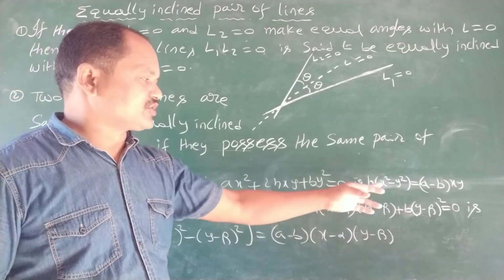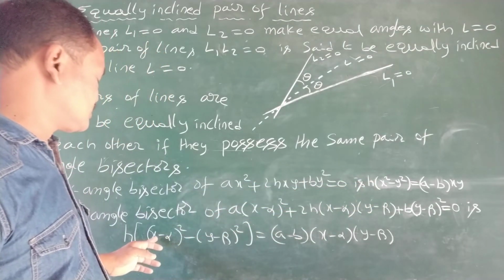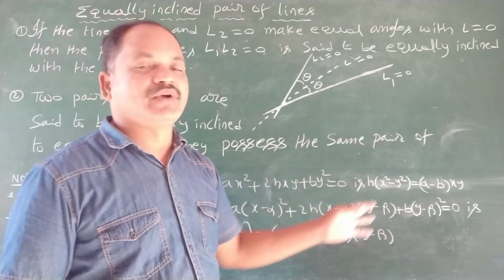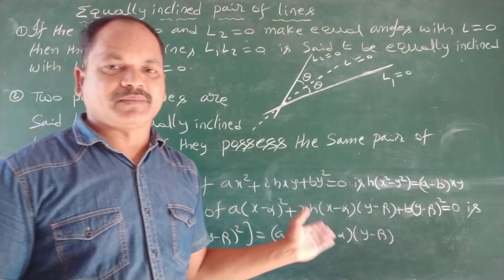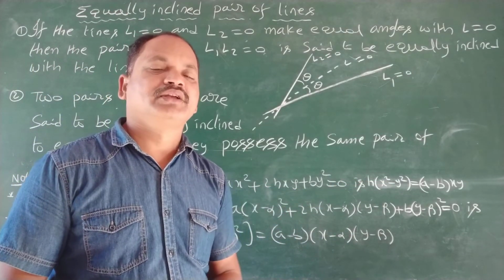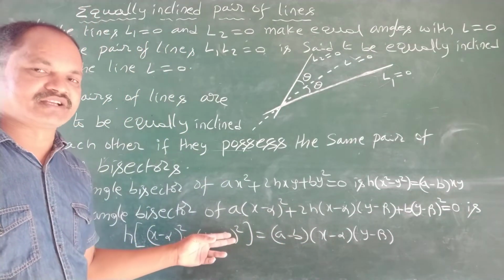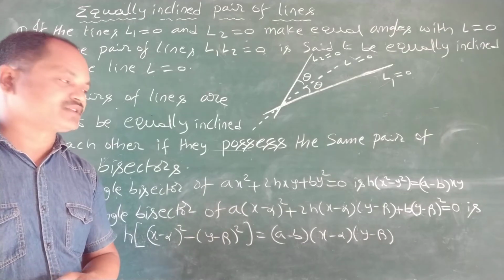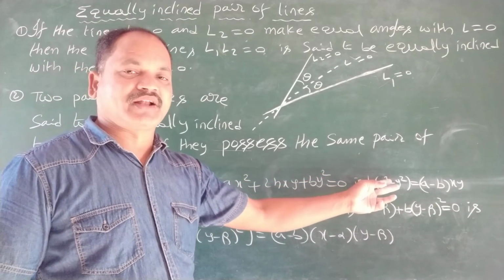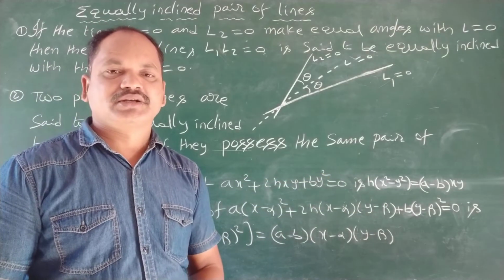That's why instead of x we have to write x minus alpha, instead of y we have to write y minus beta, since the pair of lines is passing through (alpha, beta). This is the pair of angle bisectors for non-homogeneous pair of lines. This is the pair of angle bisectors for a homogeneous equation.